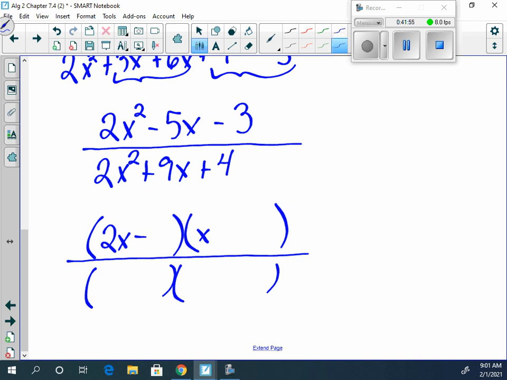I'm going to go on and give you the factors for this here. Because the numerator is going to be 2x plus 1 times x minus 3, and we could go through the steps that we've been doing, and you'll get to this here. The denominator will have 2x and x. It's going to be plus and plus 1 and 4.